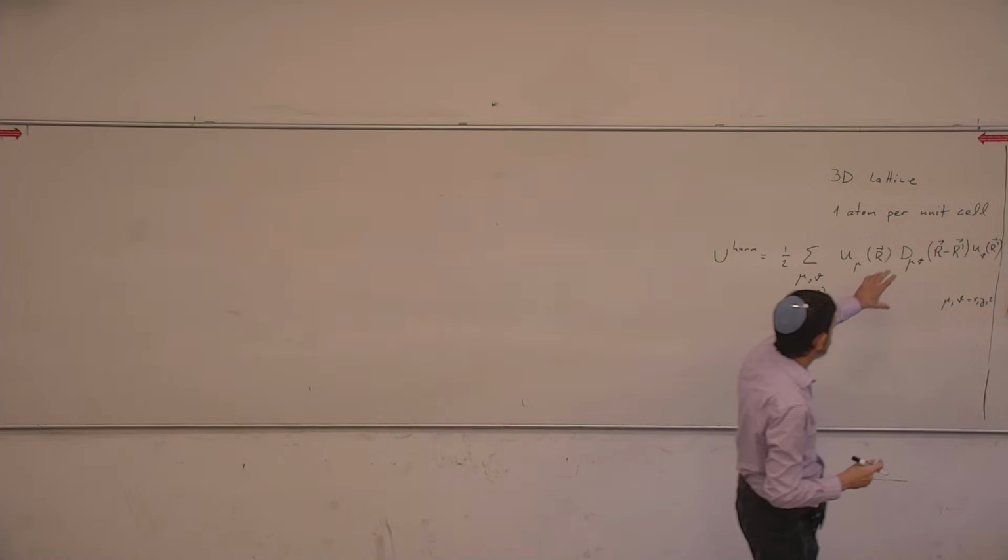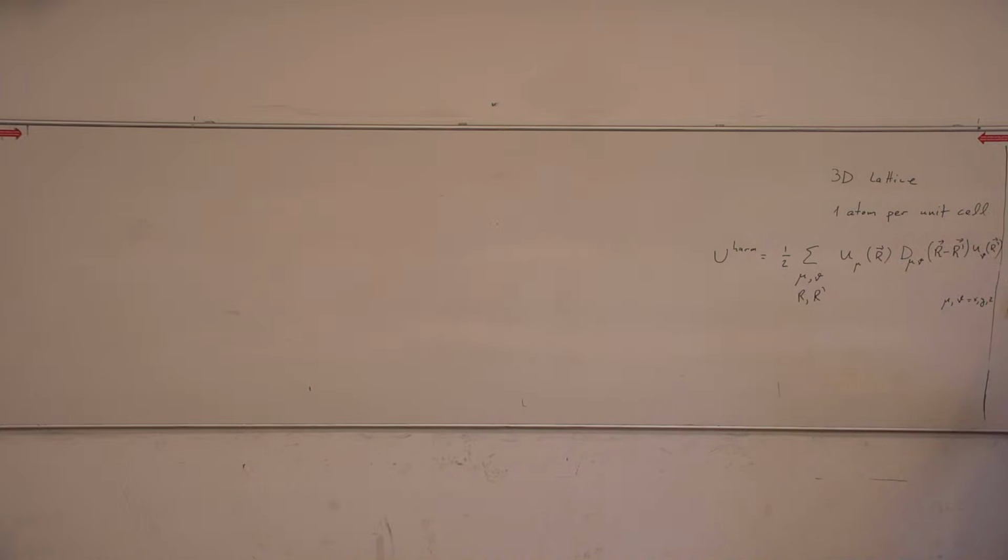So I should have here a matrix between points R and R prime. Why am I sure that it's R minus R prime and not dependent on R and R prime separately? Symmetric. Taylor expansion. Not symmetric, because each lattice point is symmetric.